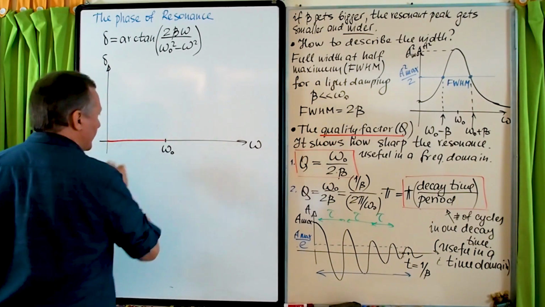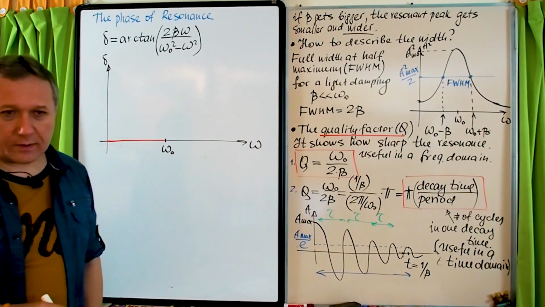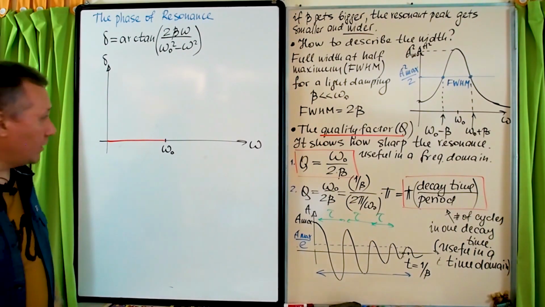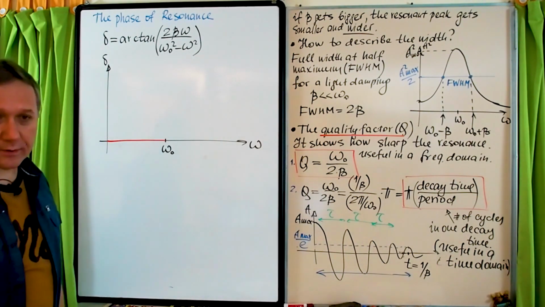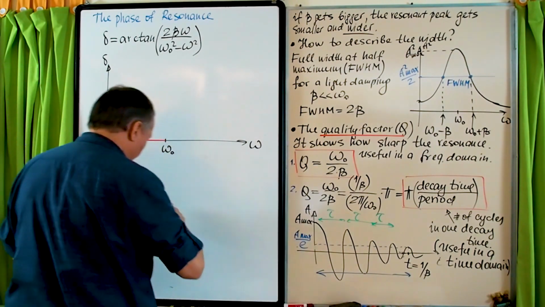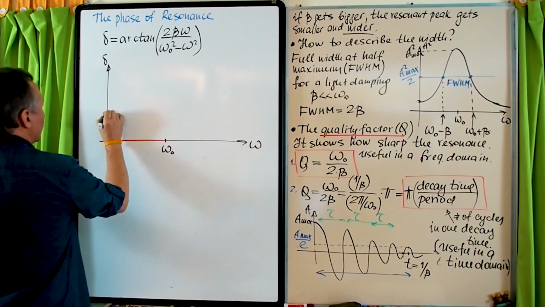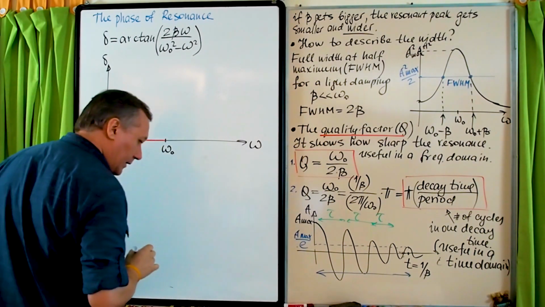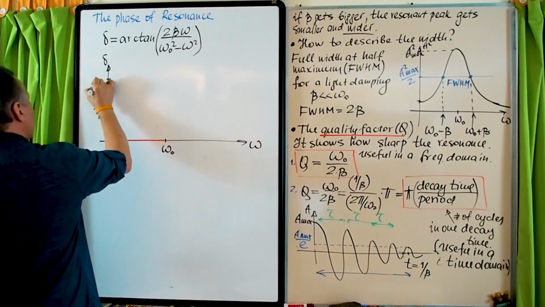So first, before the natural frequency, the resonant frequency, in this case they will be the same, the phase difference is 0. After the resonance, let me also show that this point is pi over 2, and this is pi.